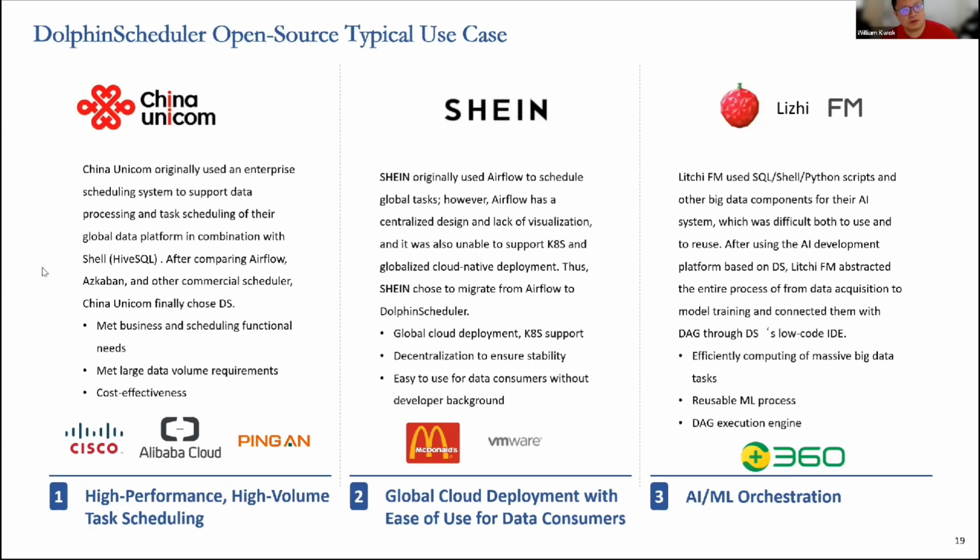There are few systems that can support that kind of large number of workflows, so China Unicom chose DolphinScheduler to handle the problem of the large volume of tasks. Similar users are Cisco, Alibaba Cloud and Ping An in China. This is one scenario we use DolphinScheduler.